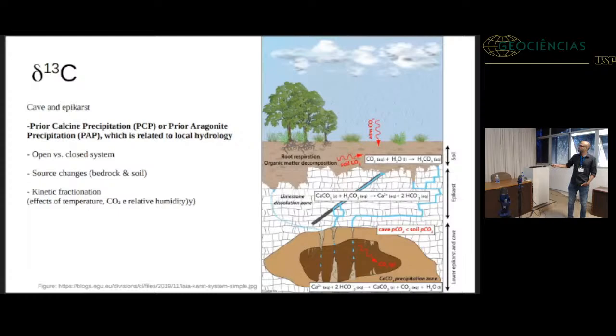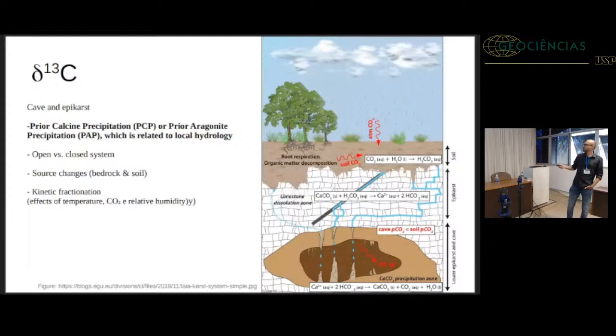But if you have a precipitation of calcite in these fractures here, or in the stalactite here, this first precipitation, calcite in general, likes carbon-12 more. So it takes the carbon-12 in the first precipitation, which will increase the concentration of carbon-13 in the solution here. Since you are increasing the concentration of δ13C in the solution, your stalagmite will have higher values of δ13C.